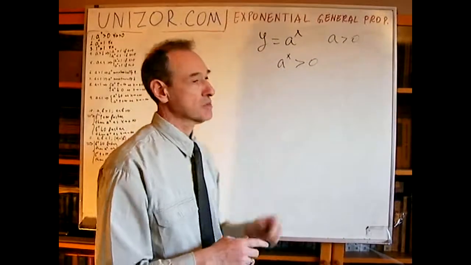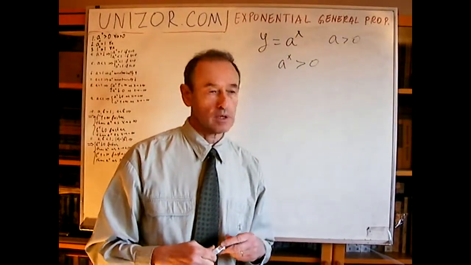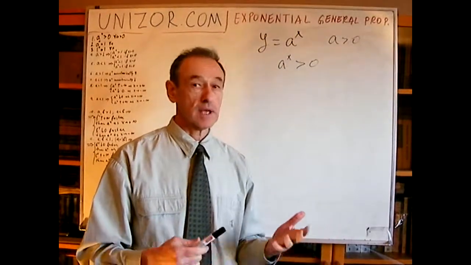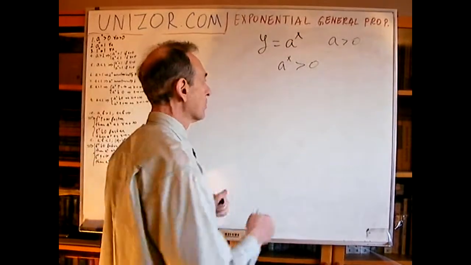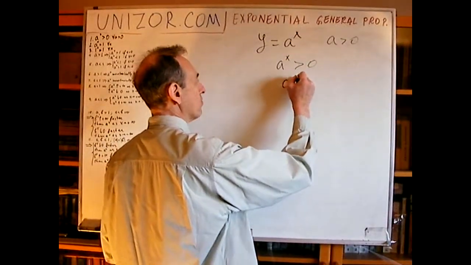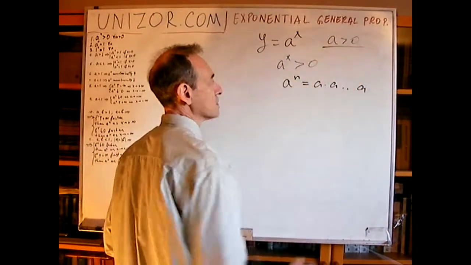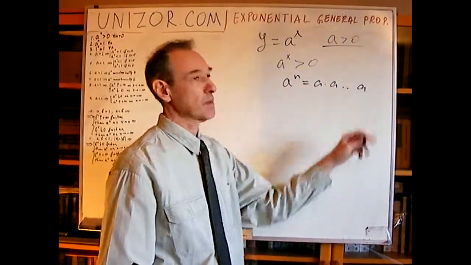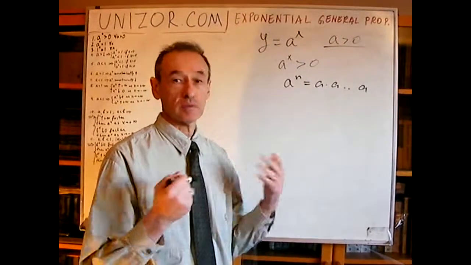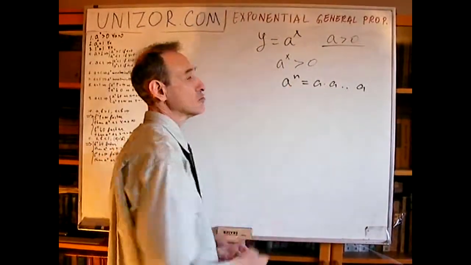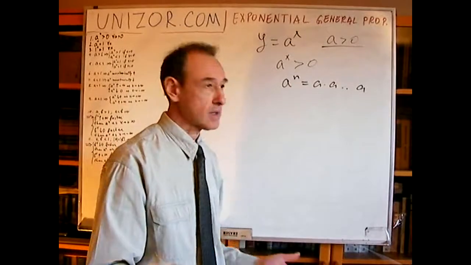Now, why is a to the power of x positive? Well, let's consider again the definition, starting from x natural. So a to the power of n is a times a, etc. A is always a positive number, so if you multiply a positive number by a positive number, it will be a positive number. So for any natural n, it's positive.